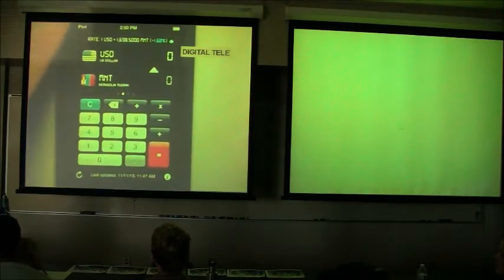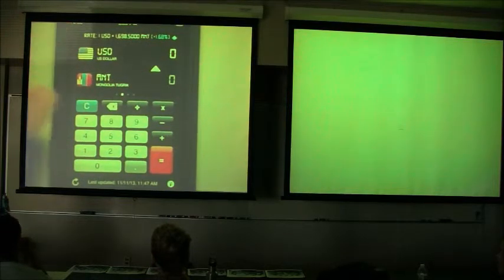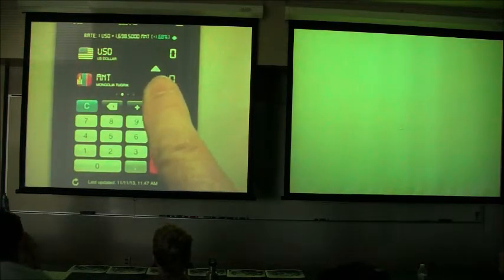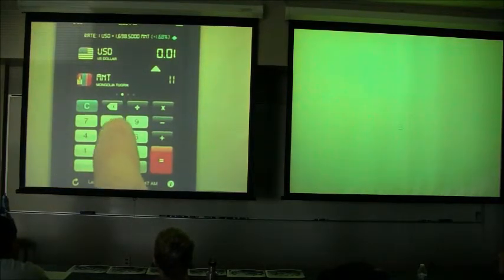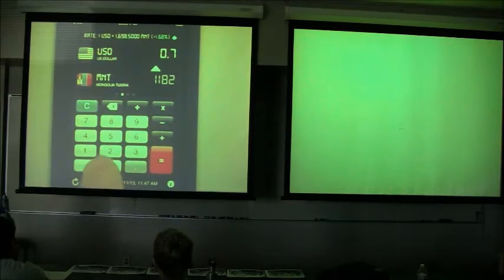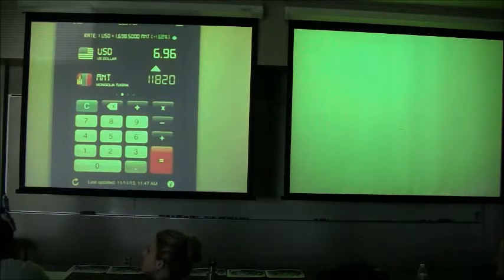So this is Mongolian tugrik, and see where the arrows, it'll turn into US dollars. When I found that I had, in one of my pockets, 11,820 Mongolian tugrik, when I discovered that it was worth $6.96, I felt relieved. I didn't know that. Okay?